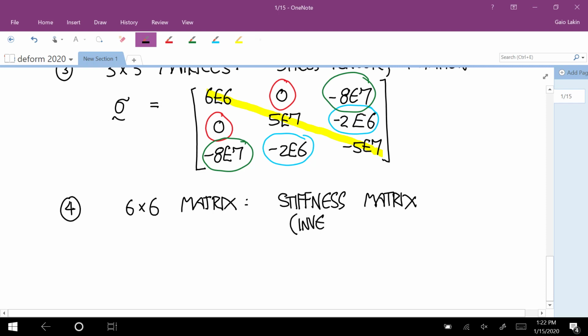Have you guys heard of inverse matrices before? Some, all? I'll talk about that a little when it comes up, but the inverse of the stiffness matrix is called the compliance matrix.